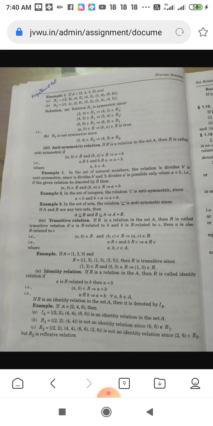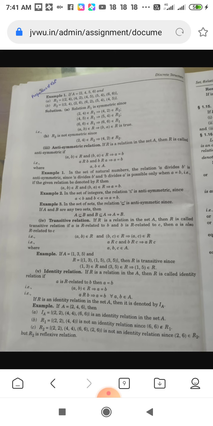If we take the relation perpendicular, A is perpendicular to B and B is perpendicular to C, then A is not perpendicular to C, so it is not transitive. This property is called the transitive relation.